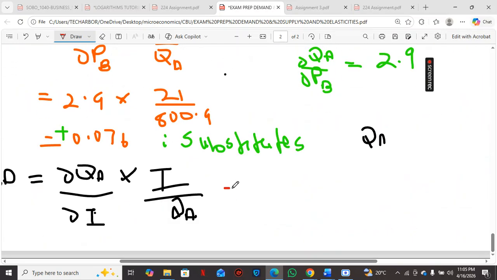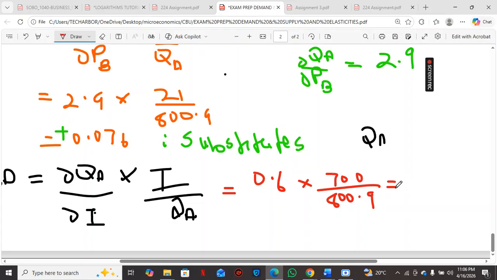So here, our derivative of the demand function was 0.6 multiplied by income of 700 over demand of 800.9. Okay. So this will be a positive number. And as I said earlier on, a positive number means you're dealing with a normal good.